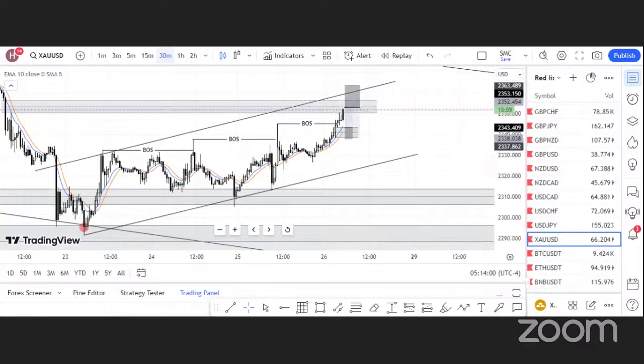Okay, so just a peep to the 50% of the fair value gap.